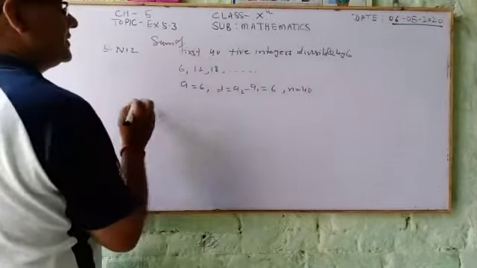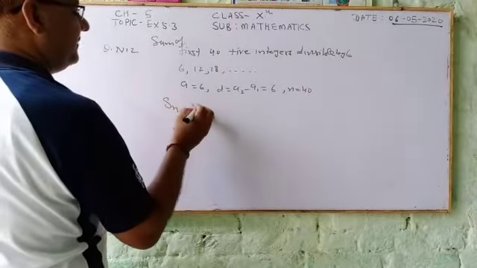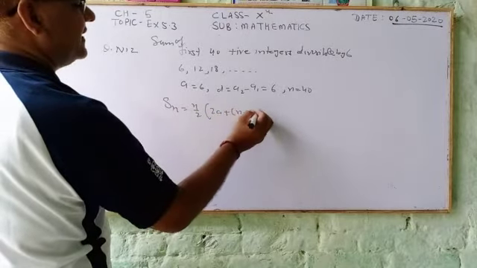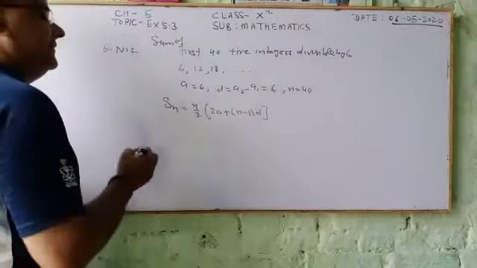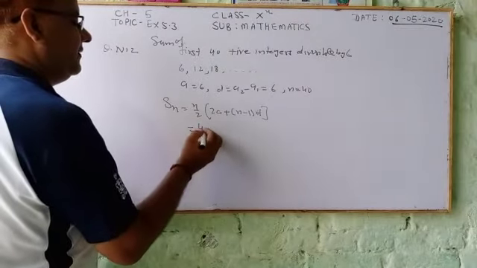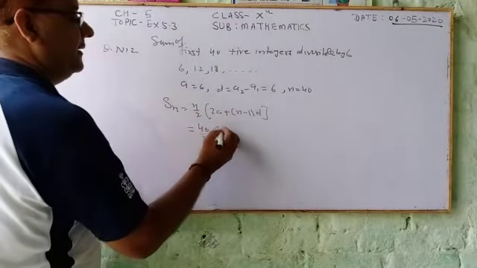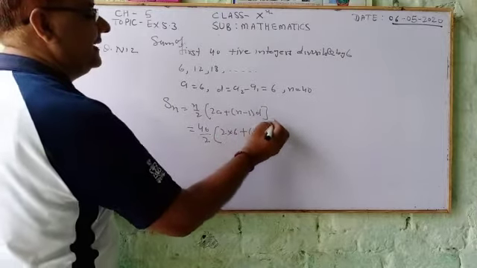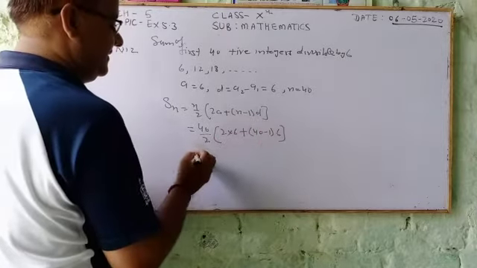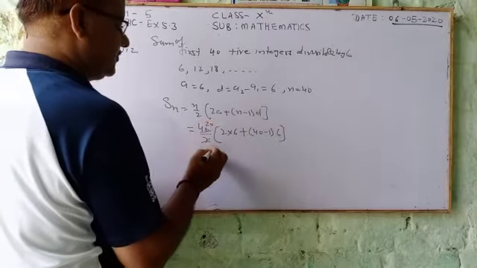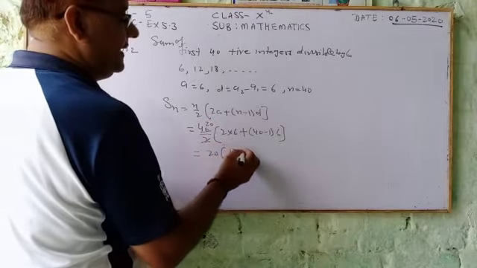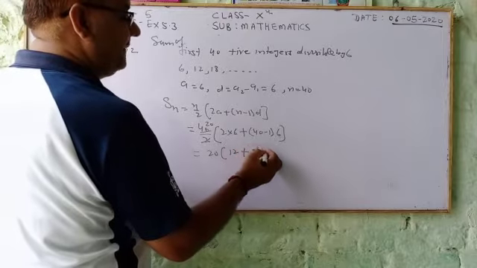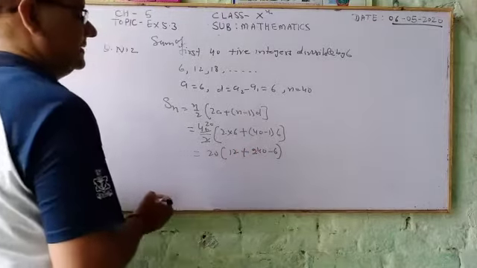So Sn equal to n by 2 into 2a plus n minus 1 into d. Using the formula here, put the value n equal to 40, 2a becomes 12, and 40 minus 1 into d, which is also 6. So 20 into 12 plus 240 minus 6.